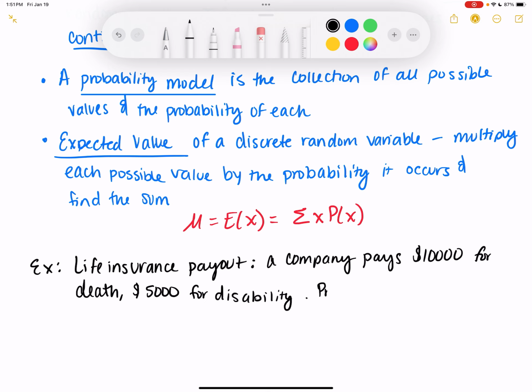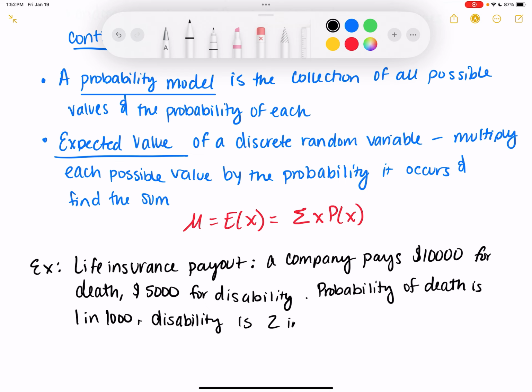The probability of death is 1 in 1,000. That's comforting. Disability is 2 in 1,000.